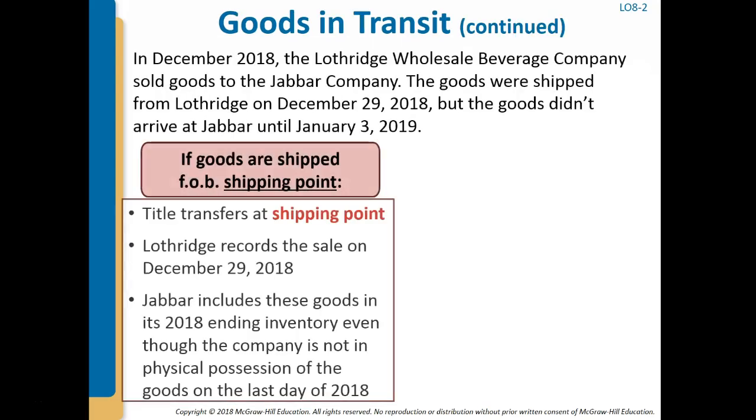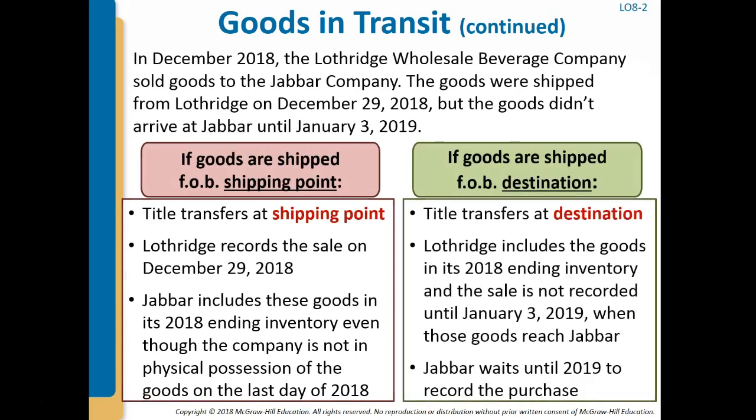So if both companies have December 31st fiscal year ends, whose inventory is it on December 31st, 2018? In other words, which company will report these goods in ending inventory in the balance sheet as of December 31st, 2018? Well, the answer depends on who owns the goods. Ownership depends on the terms of the agreements between the two companies.